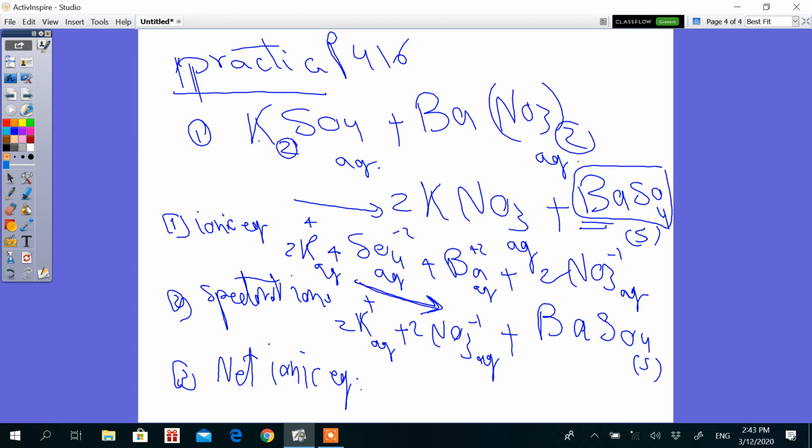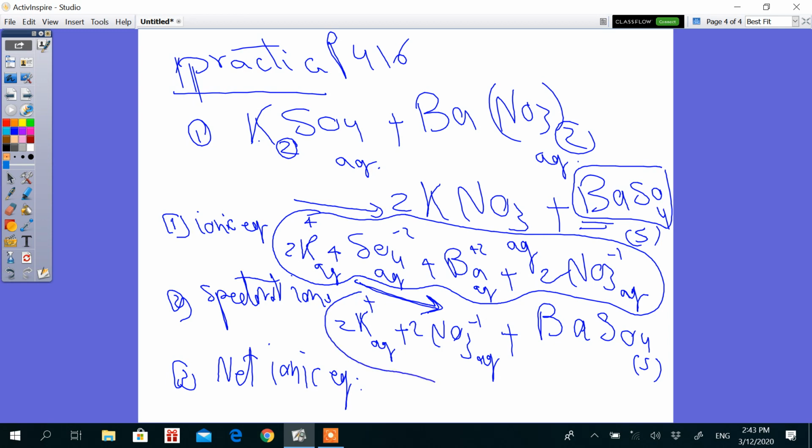These are my reactants, and these are my products. My reactants: potassium aqueous, sulfate aqueous, barium +2 aqueous, and 2 nitrate aqueous. My products: potassium nitrate and barium sulfate solid.